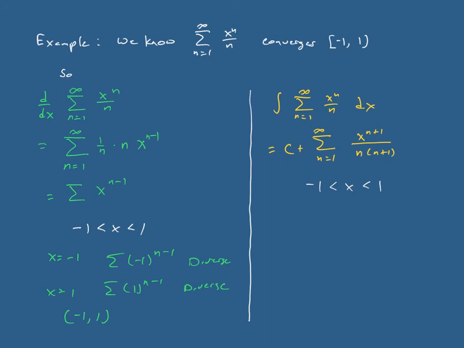Well, if I plug in the endpoints, if x equals -1, the series I'm going to get is -1 to the n plus 1 over n times n plus 1, which is an alternating series. That's going to converge by the alternating series test.